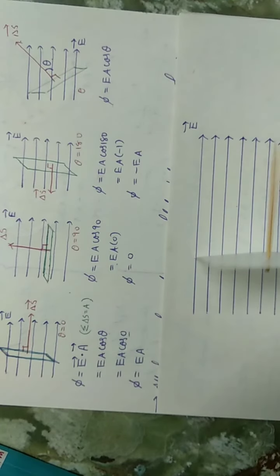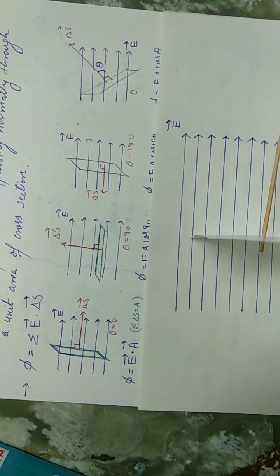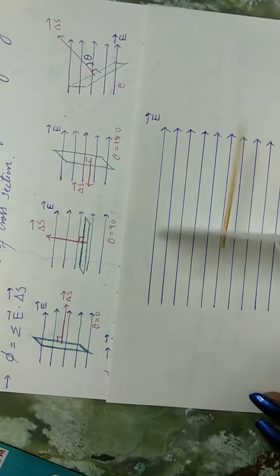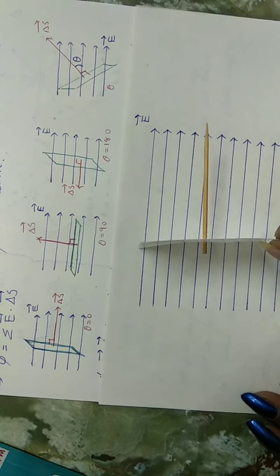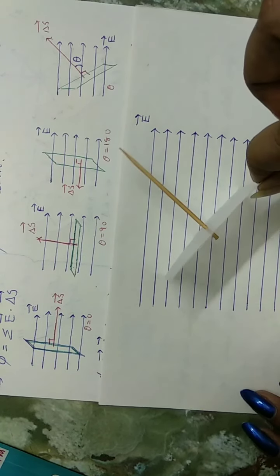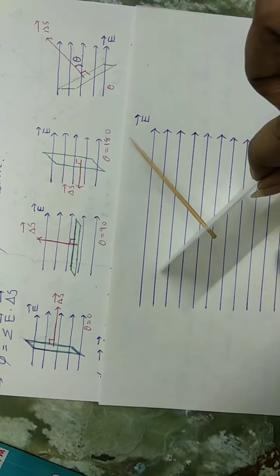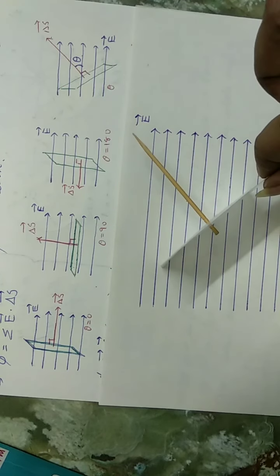This figure was like this. So you can see that the maximum number of field lines are passing through this area. Now if I start rotating this slowly, then you can see the field lines are coming out. Now this field line is not passing through this area. This lower field lines are also not passing through this area. So flux is reducing slowly.